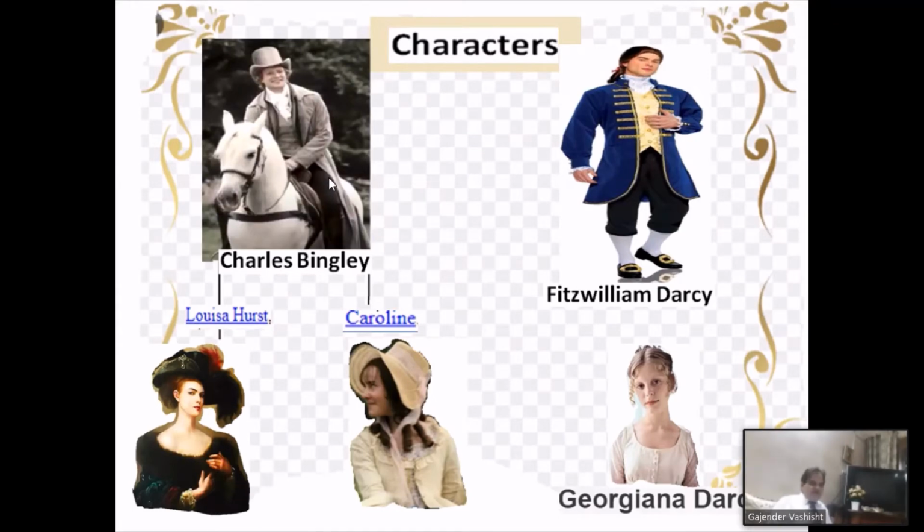Now, on the other side, we come to know that Charles Bingley is a young bachelor who comes to live near Longbourn, in Netherfield Park. Charles Bingley has got two sisters, Louisa Hurst, who is married, and Caroline, who is a spinster. Mr. Fitzwilliam Darcy has one younger sister, whose name is Georgiana.